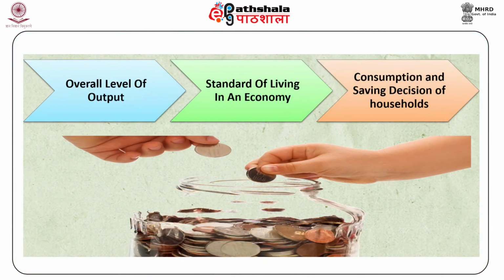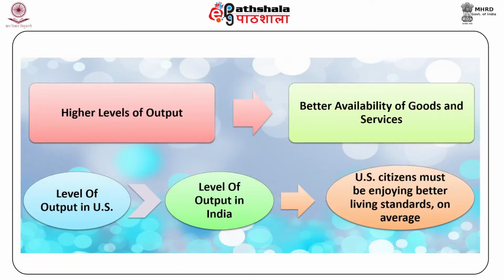The overall level of output in an economy determines the standard of living of an economy. The income, and hence the consumption and saving decisions of a household, depend on it. In other words, a higher level of output directly translates into better availability of goods and services.